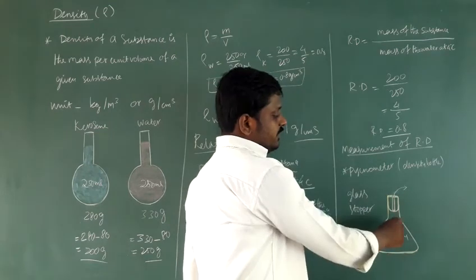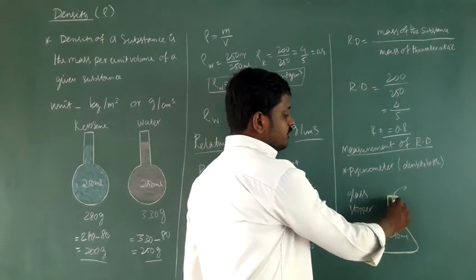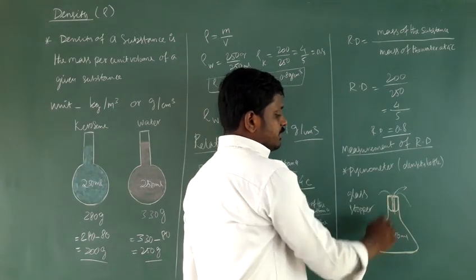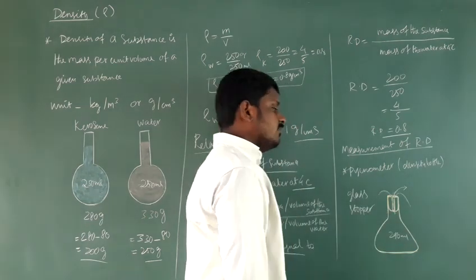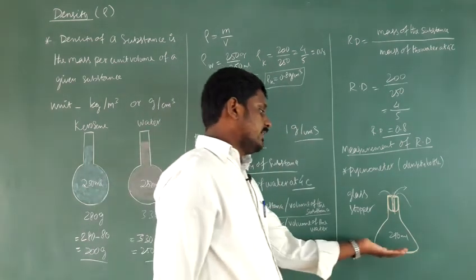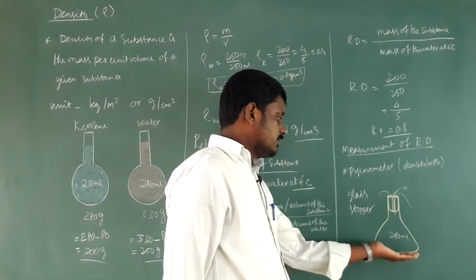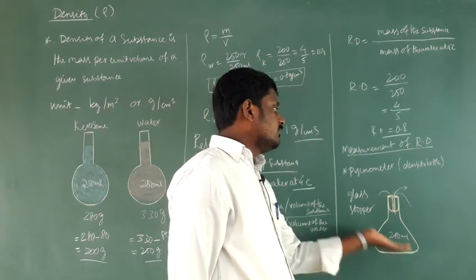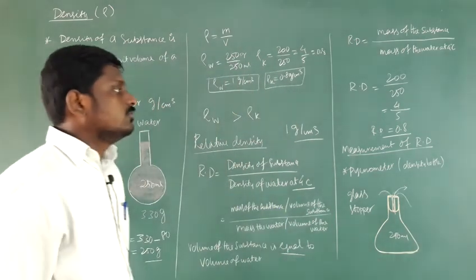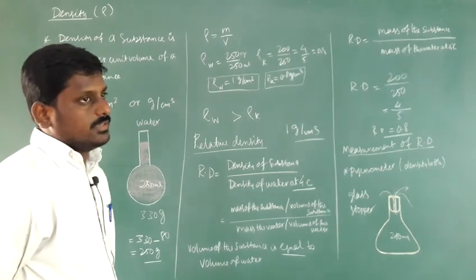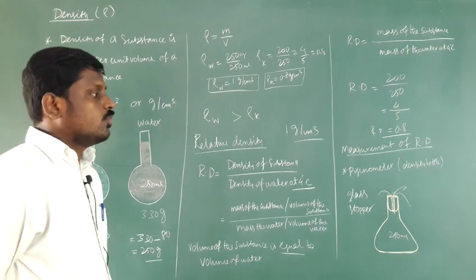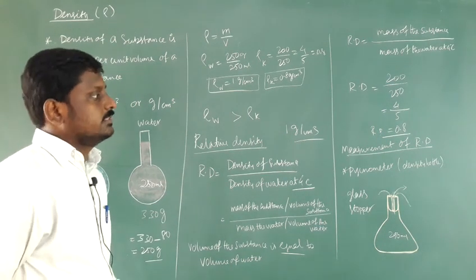If there is excess, the liquid flows out. So after some time we have exactly 250 ml of water. Then we find the mass of the substance as well as the mass of the water, and we can easily find the relative density. Relative density is also called specific gravity. If they are using water, specific gravity is another name.